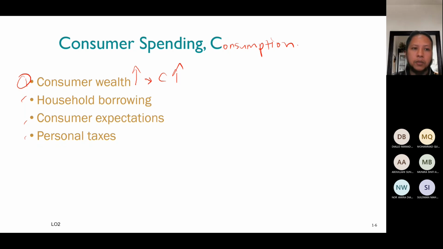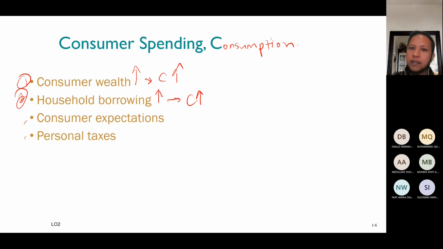Number 2 here is household borrowing. Borrowing is also a component of spending, because you can borrow in order to spend. So the more households borrow, the higher the consumption level in the economy.